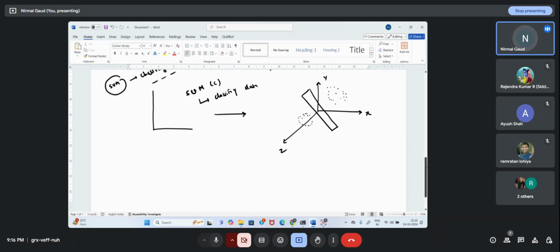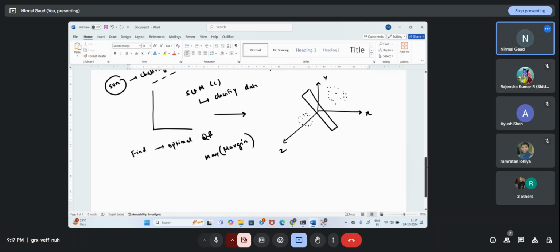Okay. The overall concept of support vector machine says that you have to find the optimal decision boundary. You want a hyperplane that has maximum margin.